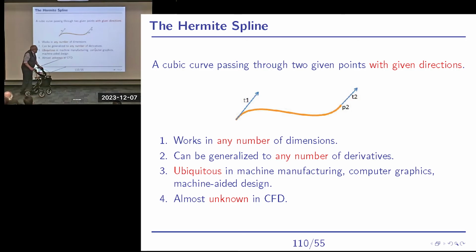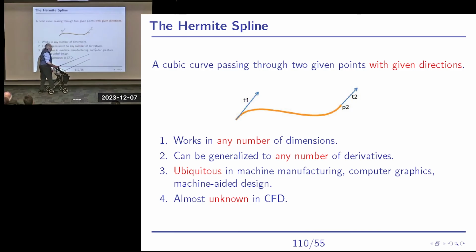So I'm here stealing an idea, the Hermite spline, which, as I say, is universal in machine manufacturing, computer graphics, machine-aided design. You have data at 2 points, you know the positions of those points, and you know the direction of the curve.